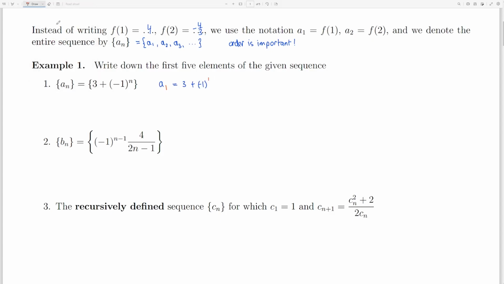And so that gives us 3 minus 1, and that is equal to 2. a sub 2 is equal to 3 plus negative 1 to the power 2. And so that is 3 plus 1, and that gives us 4.